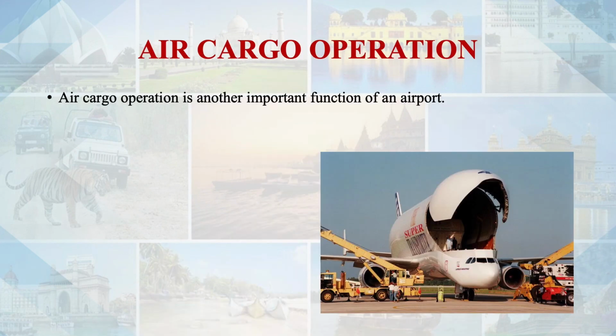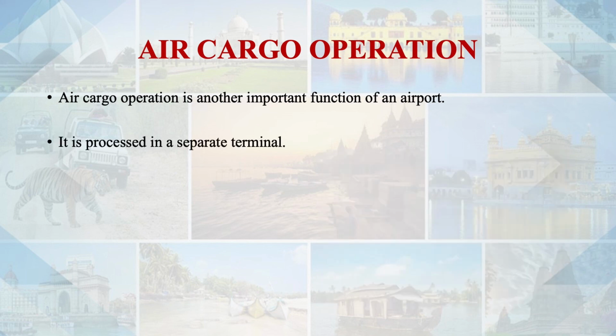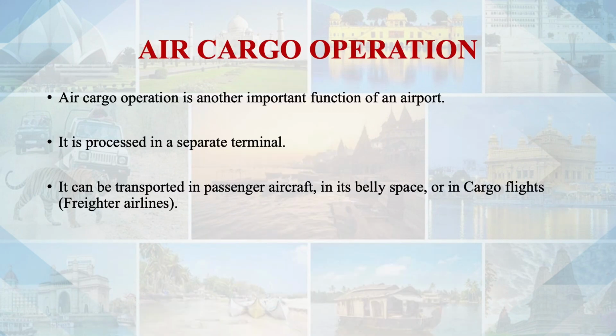There will be space for the passengers to sit, and there will be a very good designated space for cargo loading. That space may be called the belly space. And in most cases, separate cargo flights are there. Freighter airlines are also there, like DHL, which have their own cargo flights.